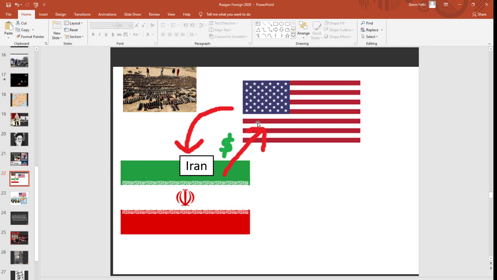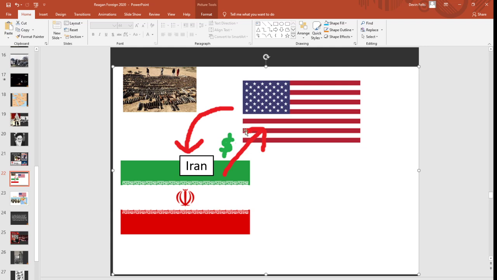So, the United States, there are hostages that are being held in Lebanon, okay? And so in order for the United States to get its citizens back, we sell weapons to Iran, okay? So we sell weapons to Iran to get American hostages back. And Iran gives us our hostages back.